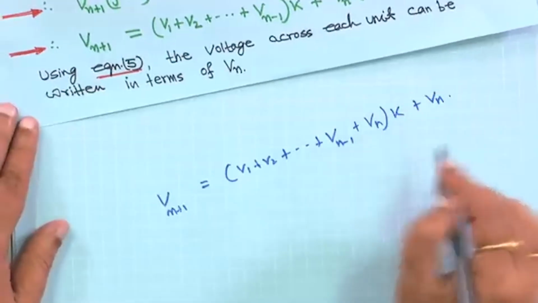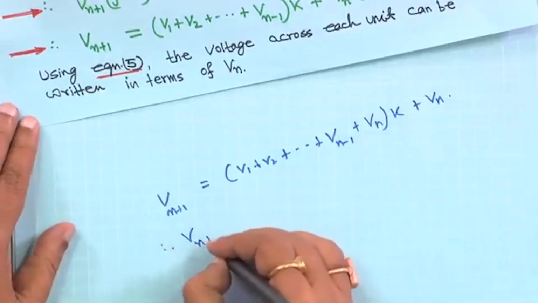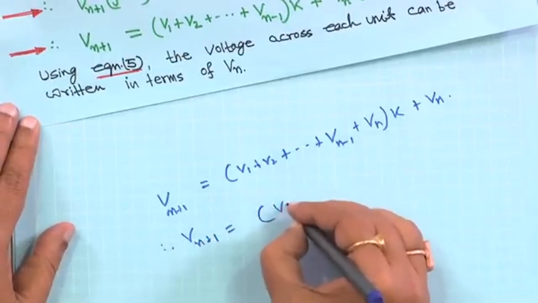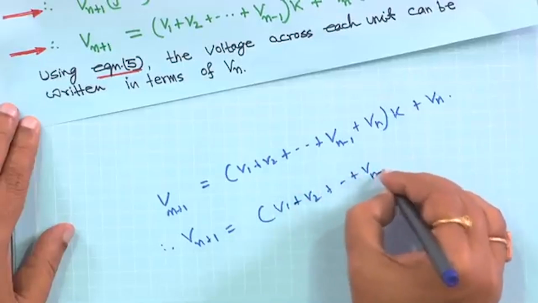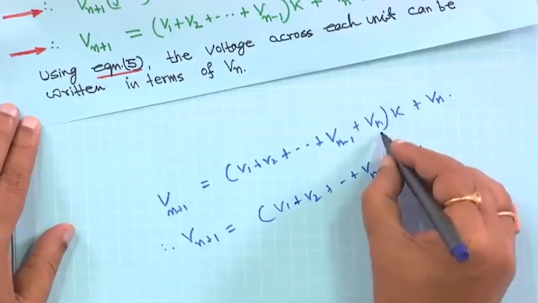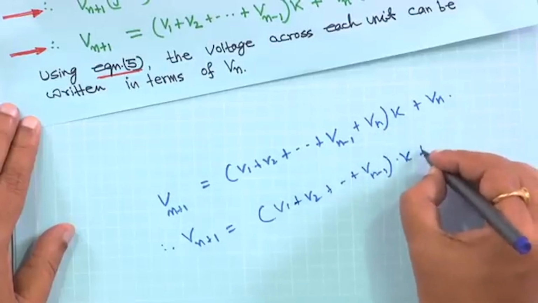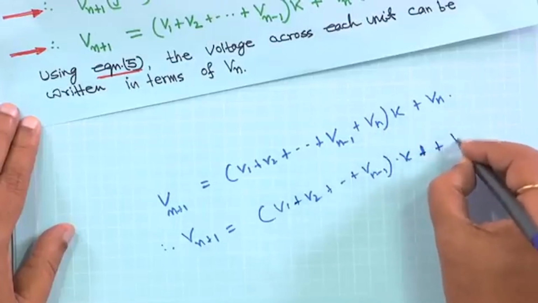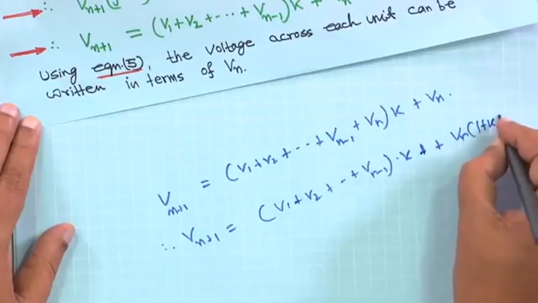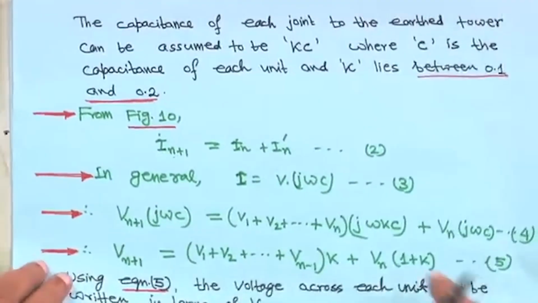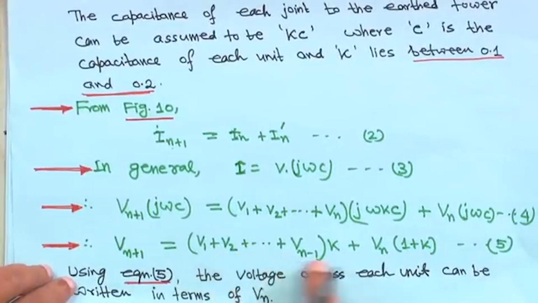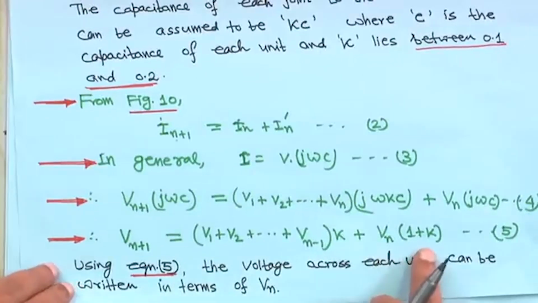J omega C on both sides cancels, so Vn plus 1 is equal to (V1 plus V2 plus up to Vn minus 1) into k, and k into Vn is added with this Vn, so it will be Vn into (1 plus k). That is why we write Vn plus 1 is equal to (V1 plus V2 up to Vn minus 1) into k plus Vn into (1 plus k).